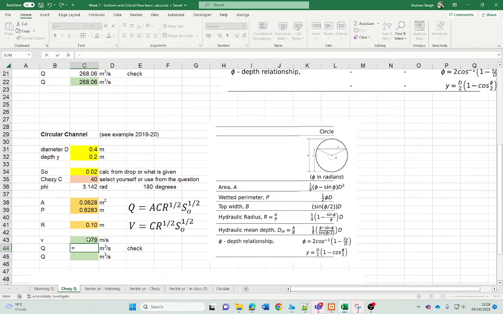Q is just the velocity times the area, or we can apply the formula: area times C times R to the 0.5 times slope raised to the 0.5. Alright, we can do iteration of the Manning's equation. I think I'm going to stop before we get too long.